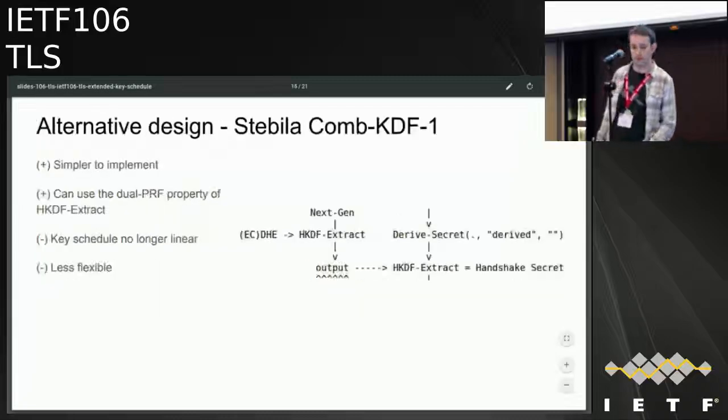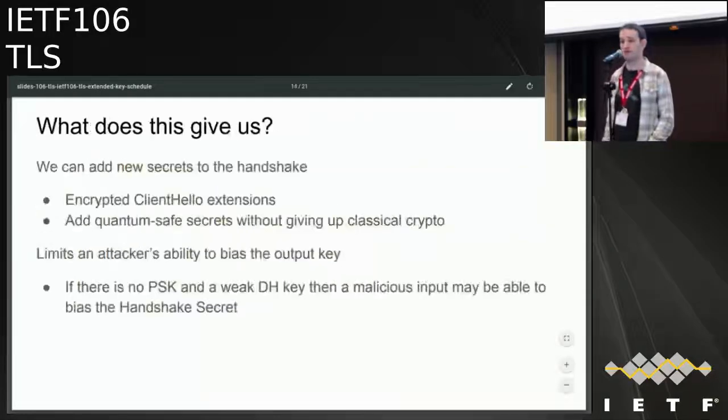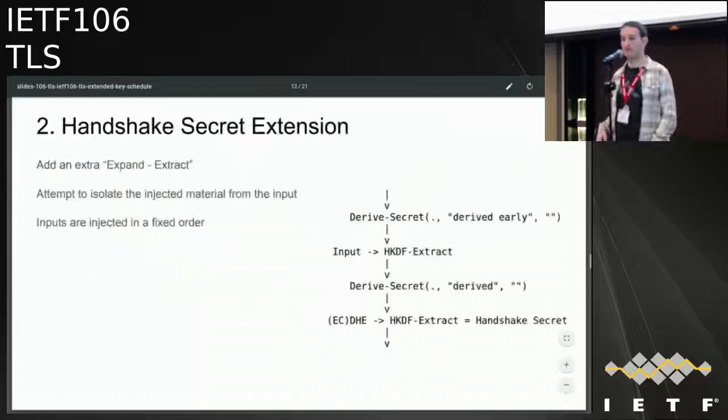Yeah, I generally concur with Martin. If you go back to the previous slide, two up. The annoying thing about the current TLS key schedule is that we basically only allow one secret at each of those insert points.